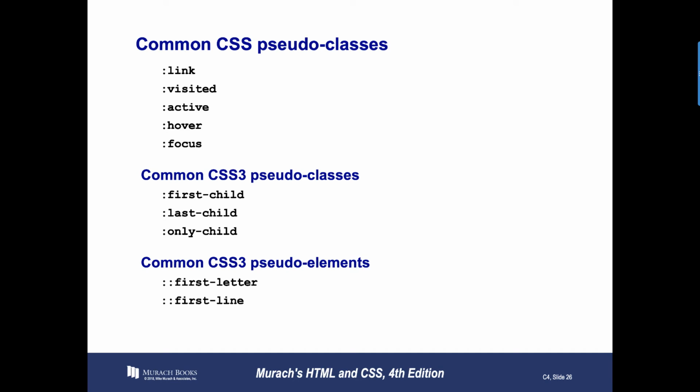Visited is when the web page gets rendered and the user has already visited that particular web page. Active is the moment somebody clicks on that web page. Hover is when the person hovers their mouse and doesn't click over something. And focus is when that particular element gets the focus.